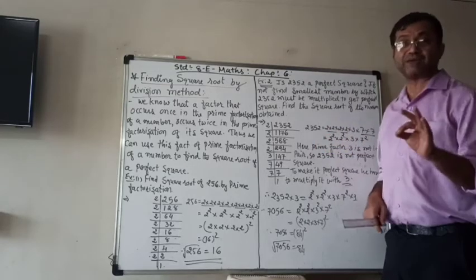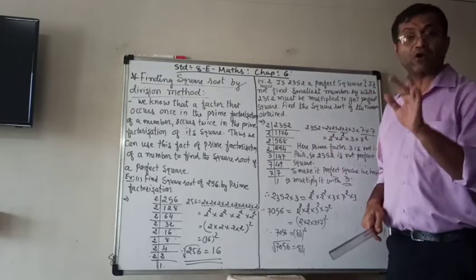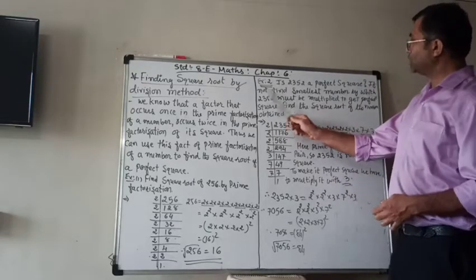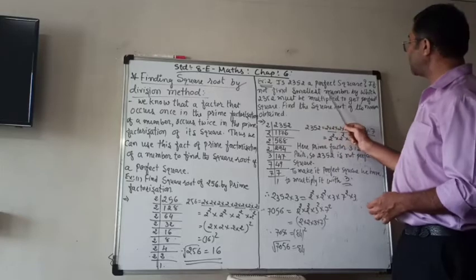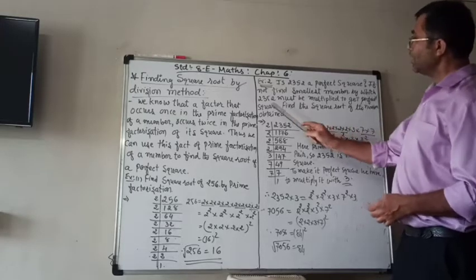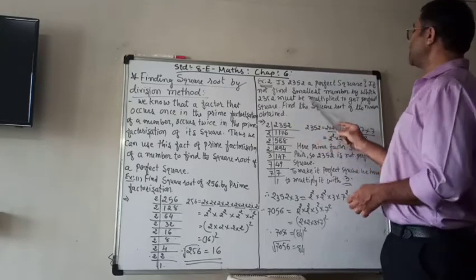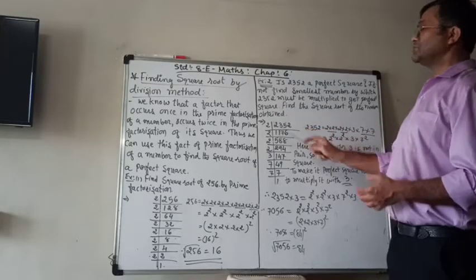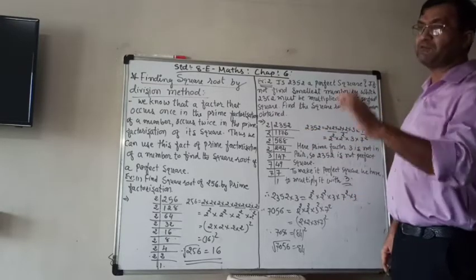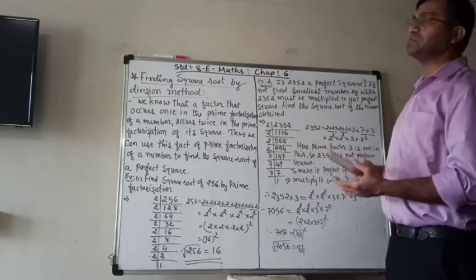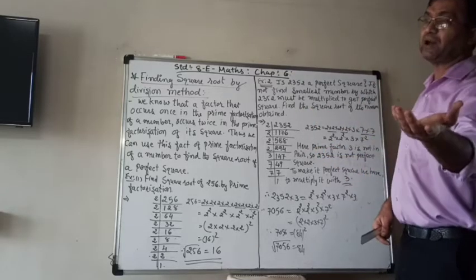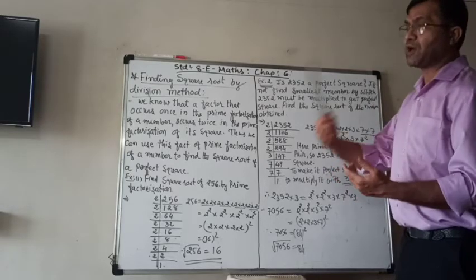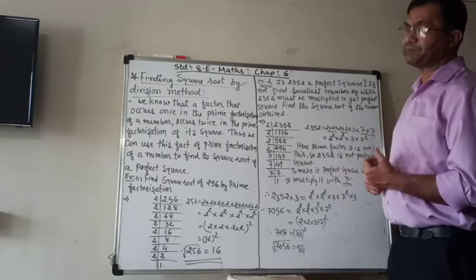So first you have to check whether it is a perfect square or not, and if it is not, find the smallest number by which 2352 must be multiplied to get a perfect square. So we have to check by which number we multiply 2352 to get a perfect square number. And then we have to find the square root of the number obtained.